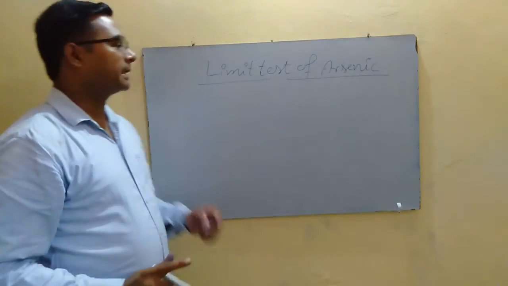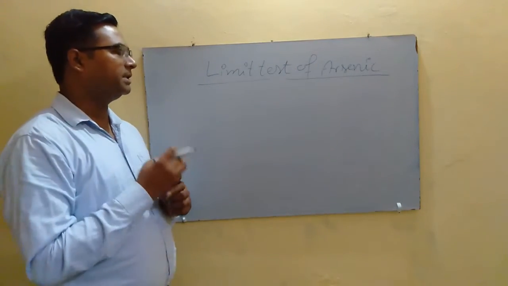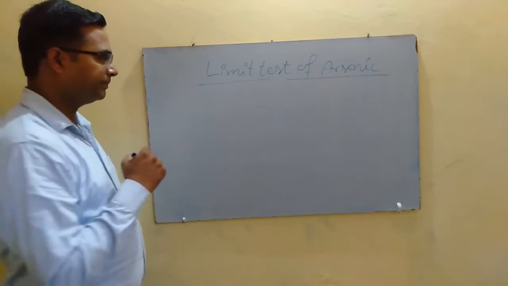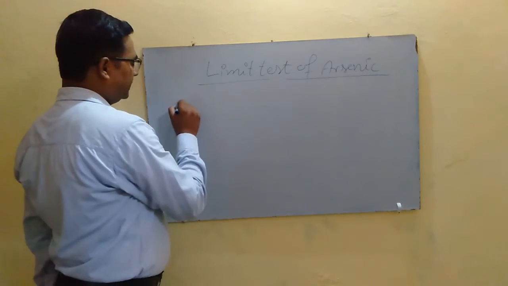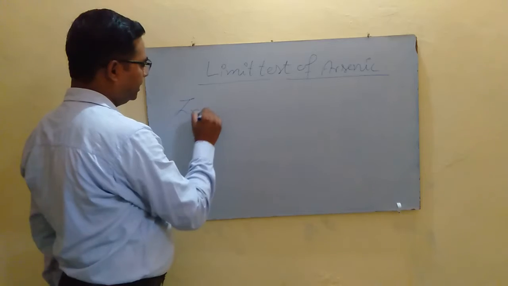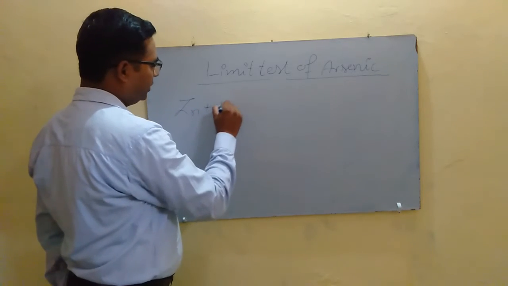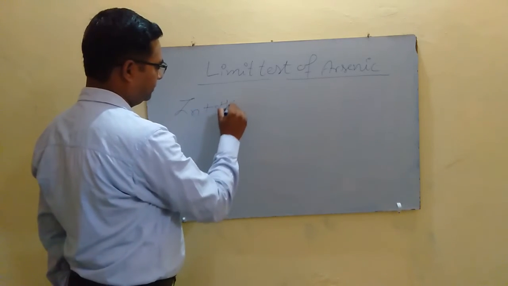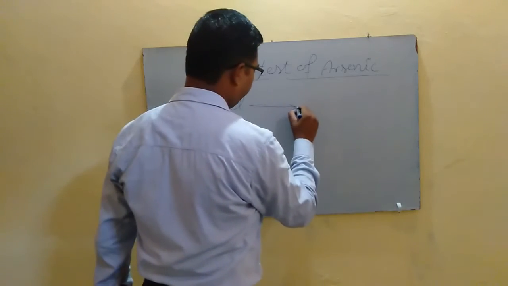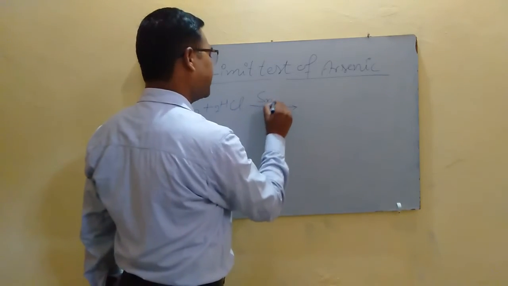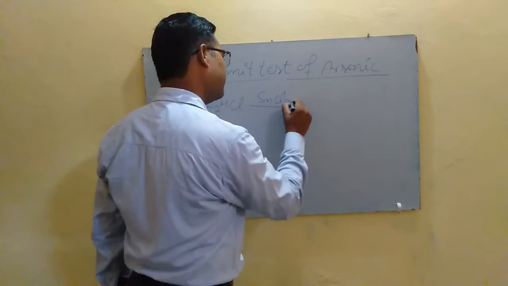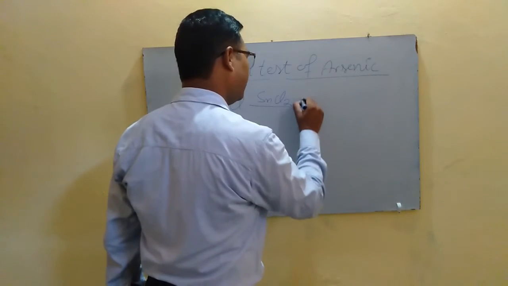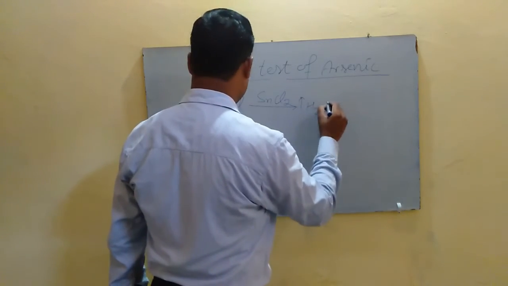The limit test of arsenic is based on the principle that when zinc reacts with hydrochloric acid in the presence of stannous chloride, hydrogen gas is evolved in this reaction.